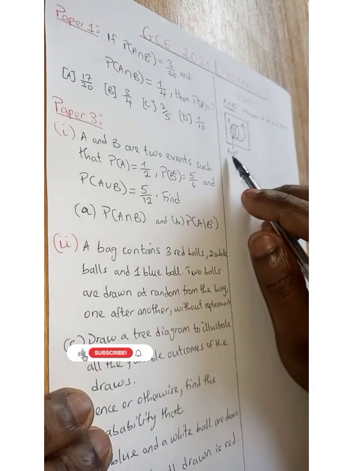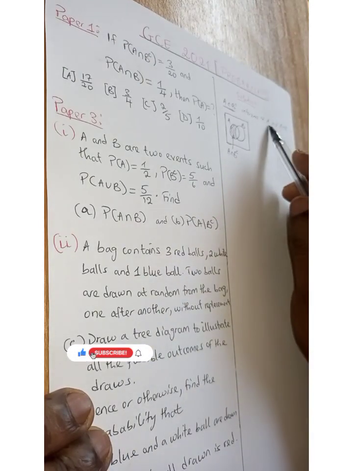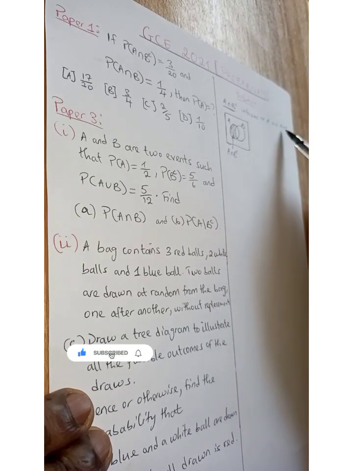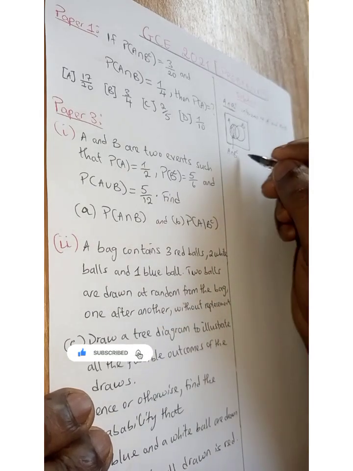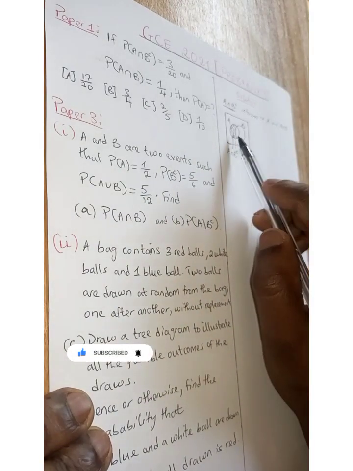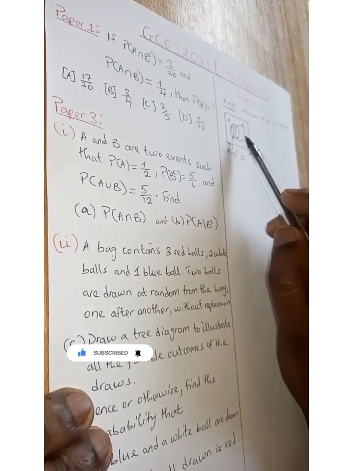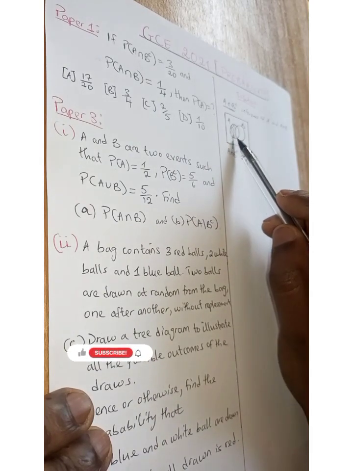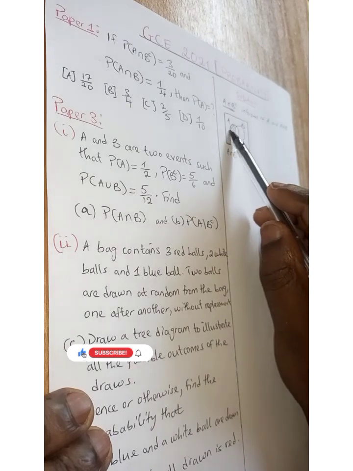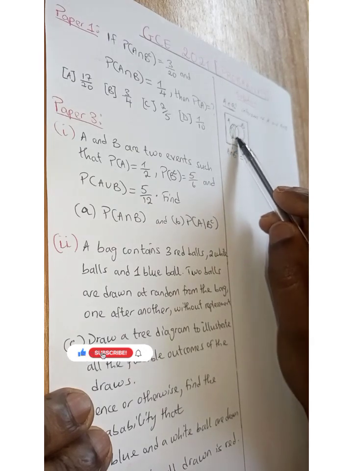Now, how do I express A intersection B complement in terms of A and A intersection B? To do so, I'll simply read. Looking at the shaded portion, you see that this shaded portion is just part of A, excluding this intersection.